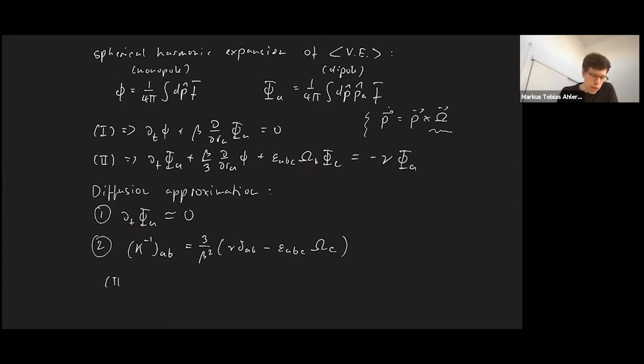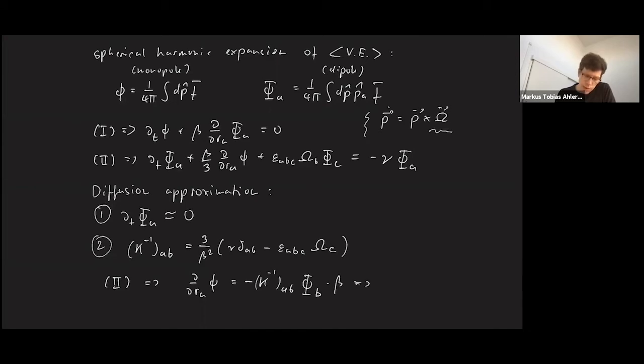And so the second equation now becomes: the gradient of the monopole is going to be minus k to the power -1 AB, and then I have here the projection onto the dipole phi b times the velocity beta. Yeah, so this is now the expression of equation 2, and we can solve this expression.